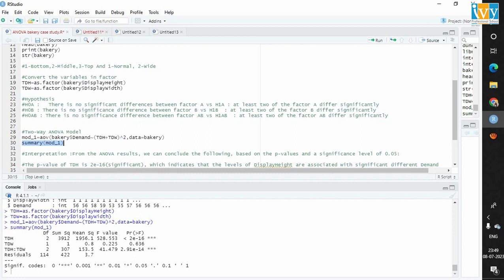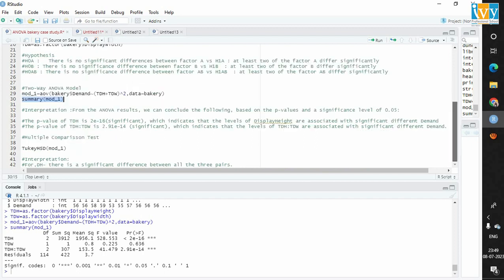To further explore these differences, we can conduct multiple comparison tests. In this case, we will be using Tukey's honestly significant difference test. But there are other comparison tests like LSD and Duncan's test that can be used as well. So we will run the test.